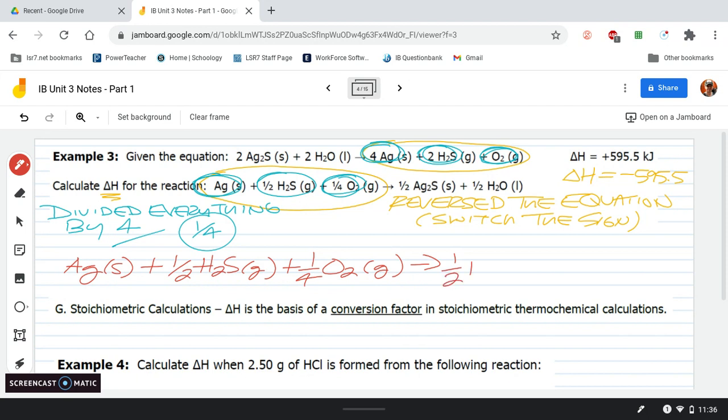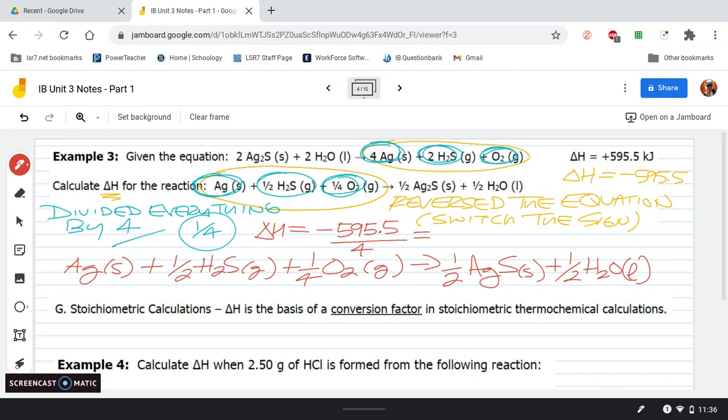It looks kind of weird, but really this is pretty straightforward on how you solve it. And so I'm going to take the 595.9. My delta H is going to equal negative 595.9, and I'm going to divide that by 4.